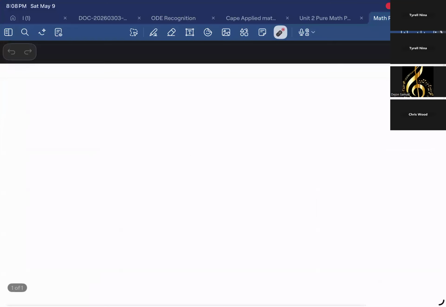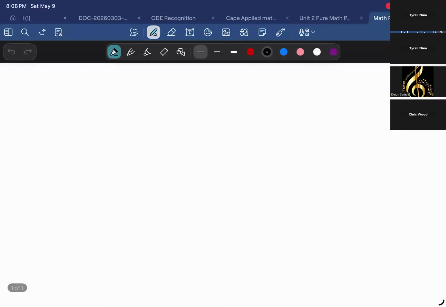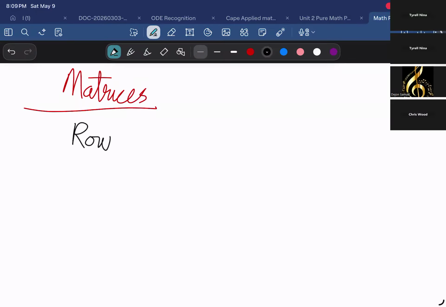So we're gonna start with matrices, right? So the way we deal with matrices, it is row by column, right? That's how your data is arranged. And know your rows go from left to right, and columns are up and down.